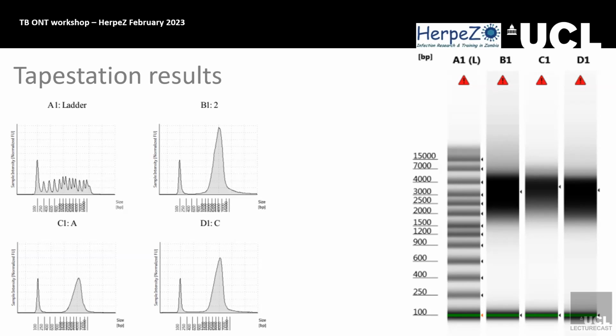On the computer you get the readings on this side: at different points where you see those bands, you get a peak corresponding to that molecular weight. What TapeStation also does is give you a DIN.